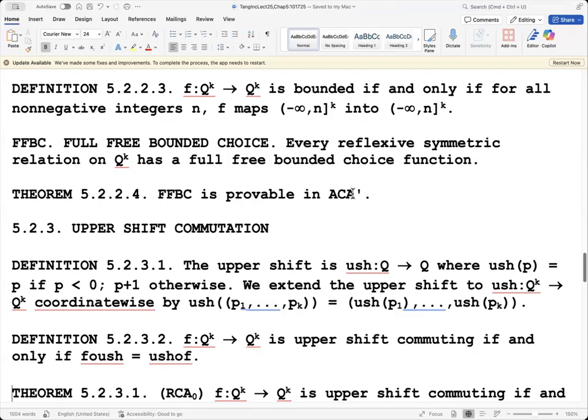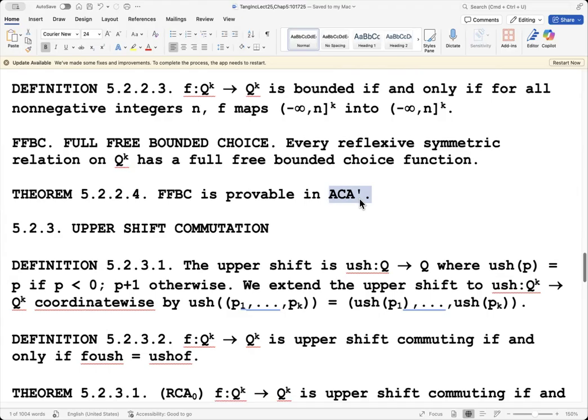But you need ACA prime. You see, you have to build one of these gadgets from minus infinity to zero. Then you need to extend it to 0, 1, minus infinity to 1, then extend it to minus infinity to 2, and so forth. But extending these things requires some arithmetic comprehension, some jump.